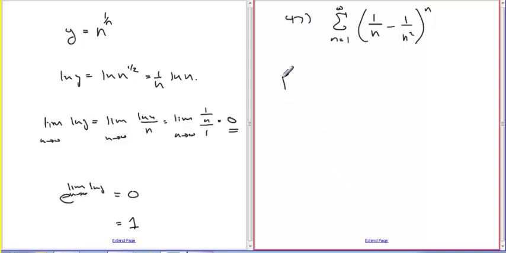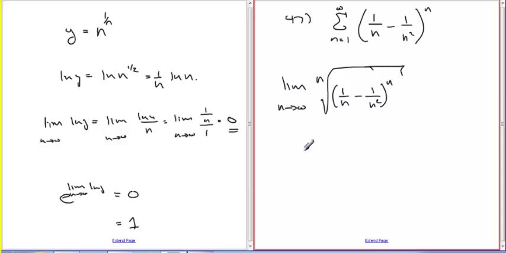So what we do is we take the limit as n goes to infinity of this thing to the nth root. So here's the nth root of 1 over n minus 1 over n squared to the n power.